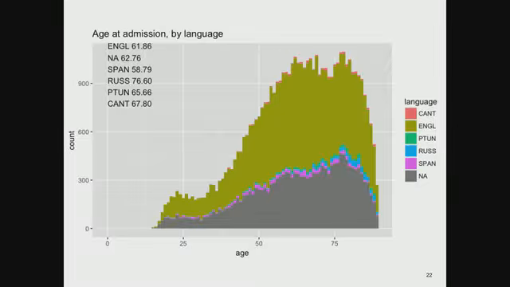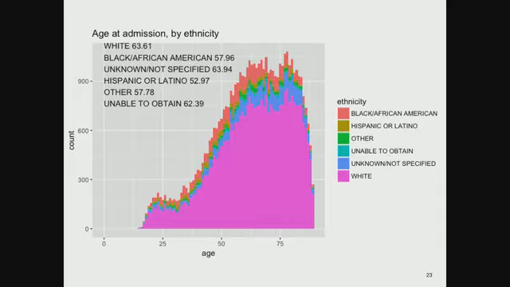That's what the data show. If you do it by ethnicity, it turns out that African Americans, on the whole, are somewhat younger than whites, and Hispanics are somewhat younger yet.